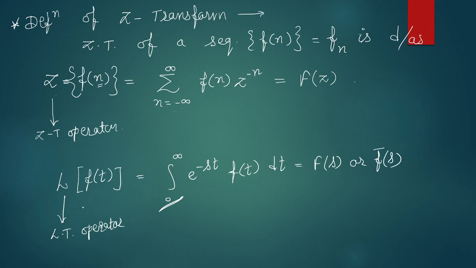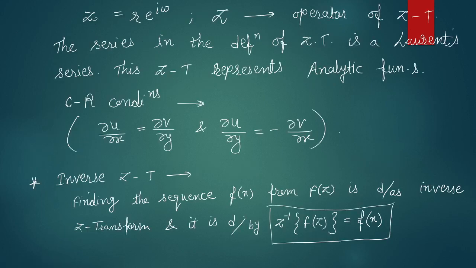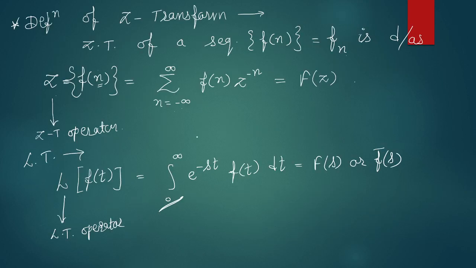If we compare with the Laplace transform, the Laplace transform of f of t equals integration 0 to infinity of e to the power minus st f of t dt, equal to capital F of s or f bar of s. Here the integration from 0 to infinity means we consider the one-sided Laplace transform.